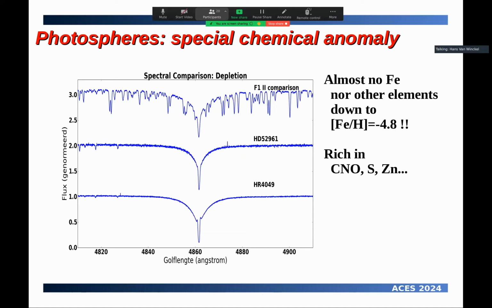It affects very strongly the chemical composition, so the spectrum, and this is a dramatic example in which the top one is a comparison star, which is a normal post-AGB star with the same temperature, the same gravity, and you see the effect of that depletion is severe.